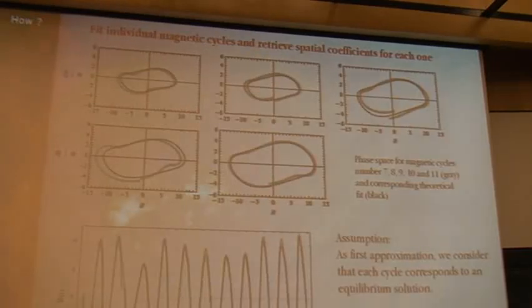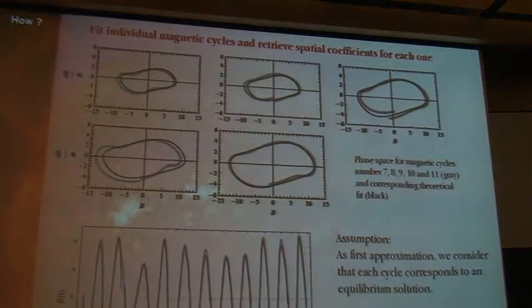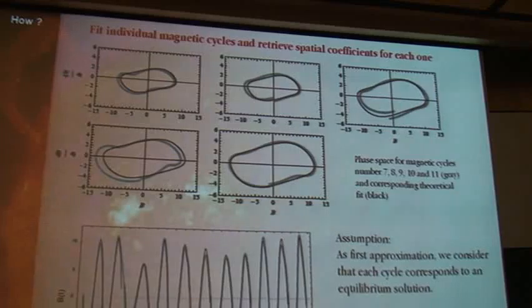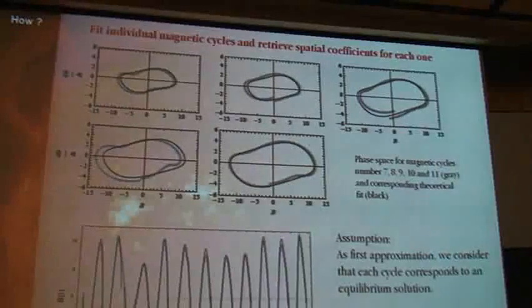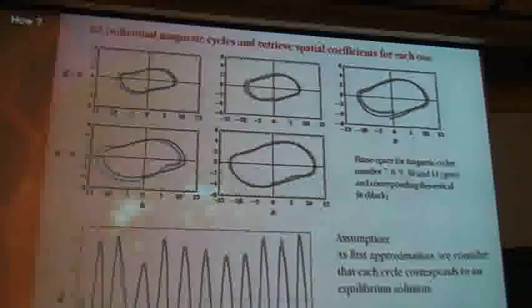So here we have the fit. What we have here in gray is the smooth version of the experimental data, and in black, superimposed, we have the fits from the data.